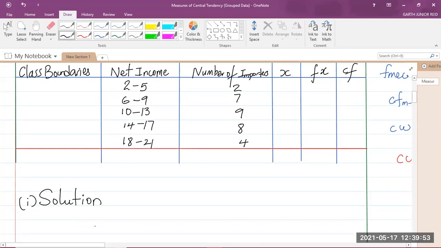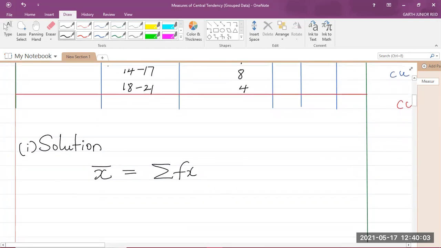Remember that the mean for grouped data is equal to the summation of fx divided by the summation of f.